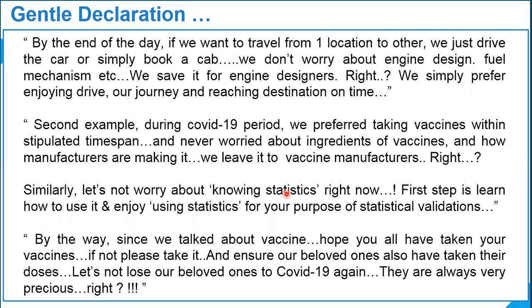As a second example, let's take a quite live and recent example. During the COVID-19 period, we preferred taking vaccines within the stipulated time span. Dose one, after a few months, dose two. That's it. That's how we took it, right? But we never worried about the ingredients of the vaccines and how manufacturers are making it, right? We leave it to vaccine manufacturers because that's their expertise, right?